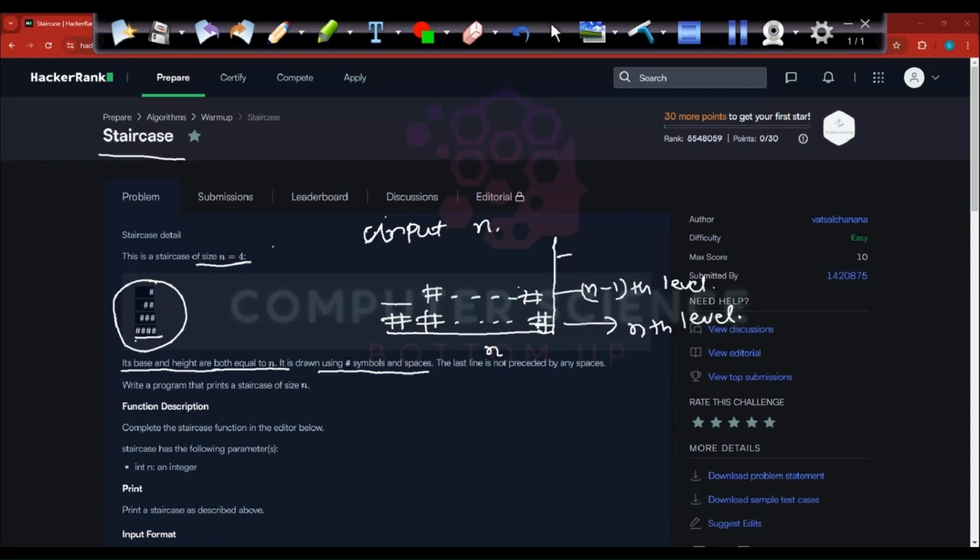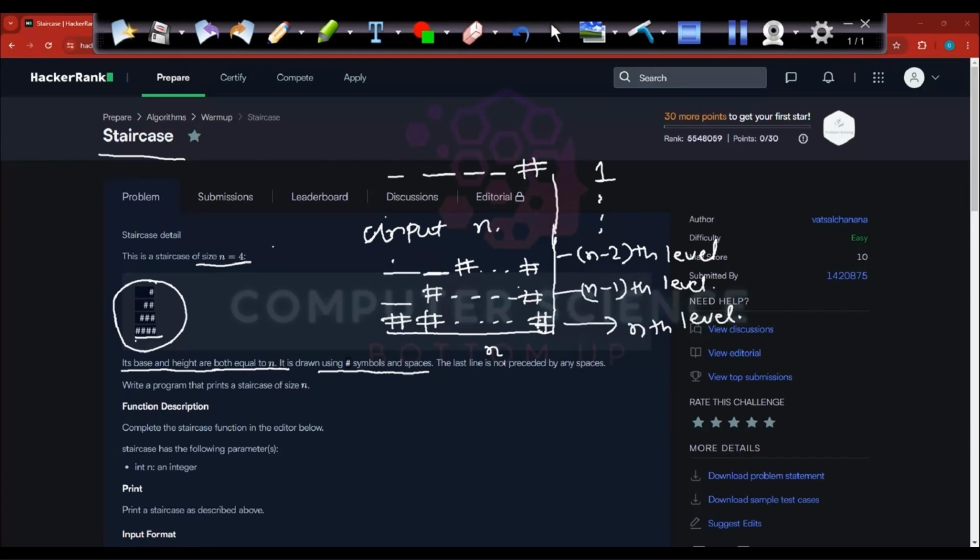Similarly, at the n minus 2th level, you have two spaces, and the rest places are hash. In this manner it will go. At the 1st level, you will have n minus 1 spaces and then one hash only. This is any general n.